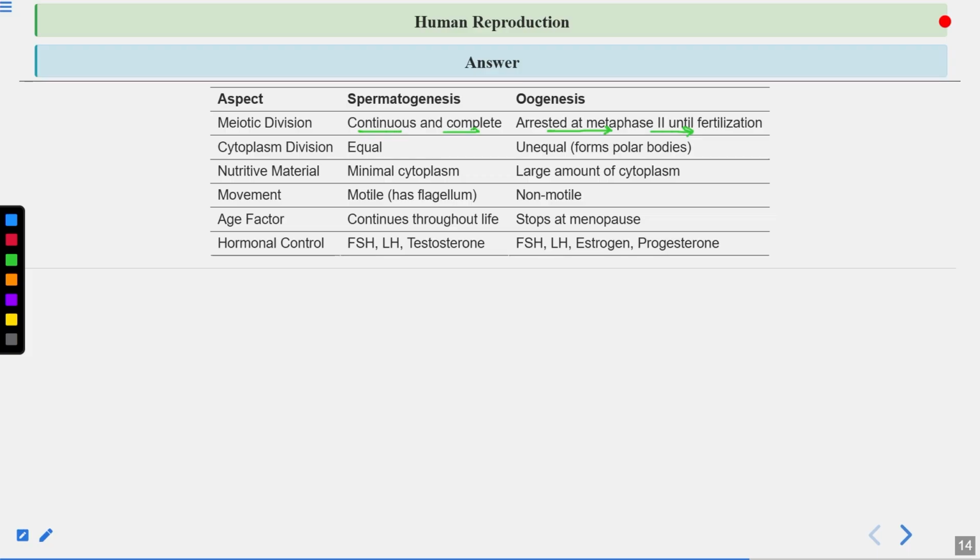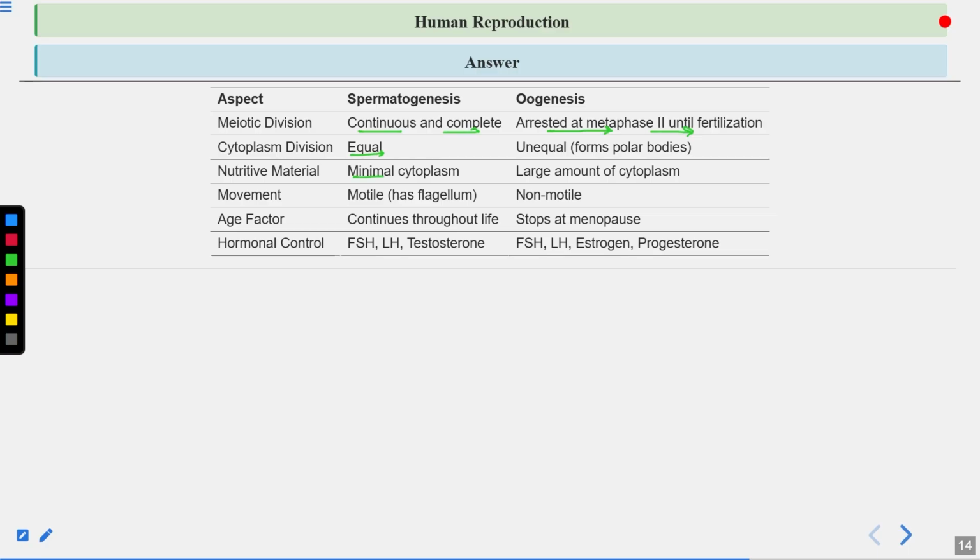Then cytoplasm division: in spermatogenesis it is equal, but in oogenesis there is unequal division. Due to unequal division, a large secondary oocyte is formed and a small first polar body is formed. Then meiosis 2, which is also unequal, forms a large ovum and a small second polar body.